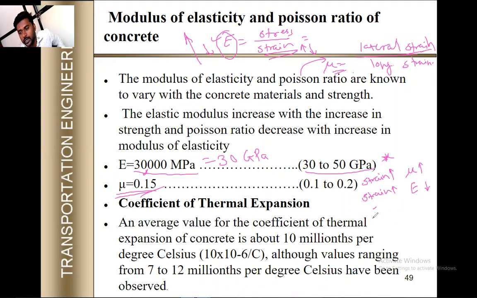So when the modulus of elasticity increases, mu decreases. This is the relation between modulus of elasticity and Poisson's ratio. As we go on increasing the modulus of elasticity, the Poisson's ratio goes on decreasing.